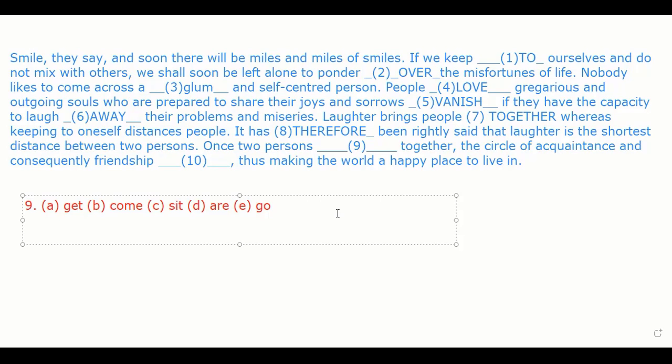If I use "get", what will be the meaning? And if I say "come", what is the meaning? Once two persons get together or once two persons come together? Yes, Achintya. So when you say get together, is it temporary, and come together is permanent? Okay, that is one thing. Good. What other difference? One more difference is there. Anyone?